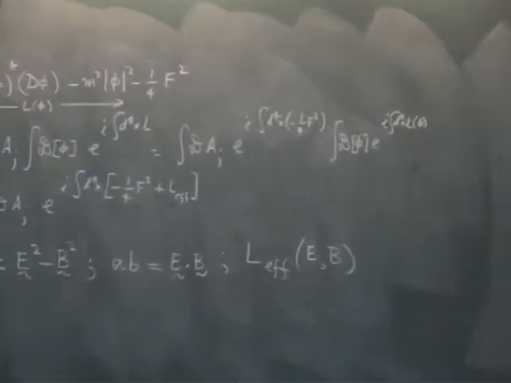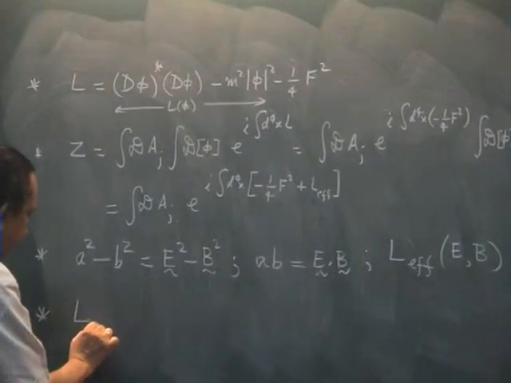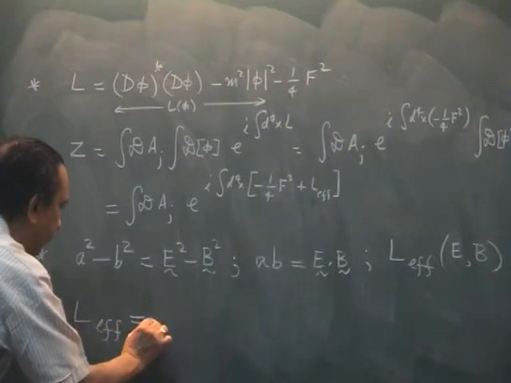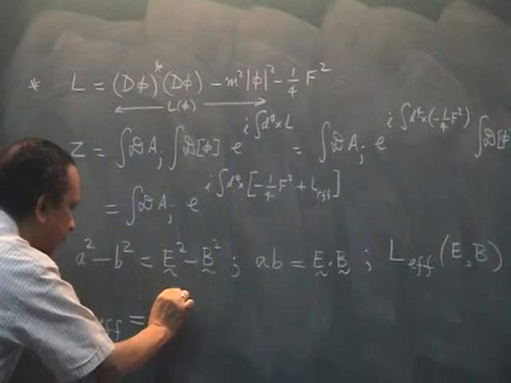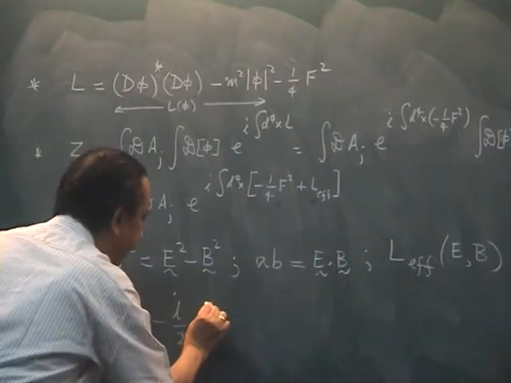is our old friend, the expression for the L effective. So the L effective is now given by minus i by 2. This one I am starting to do in Lorentz gauge. We will then switch to Euclidean sooner or later.